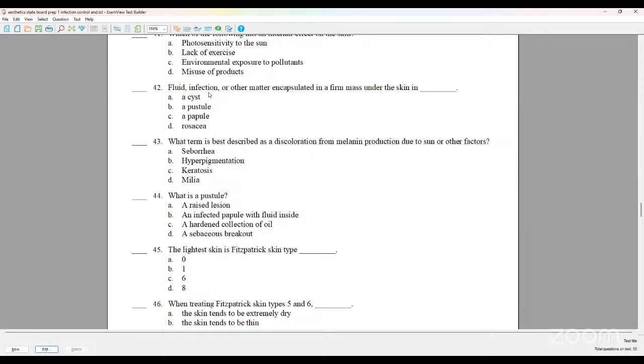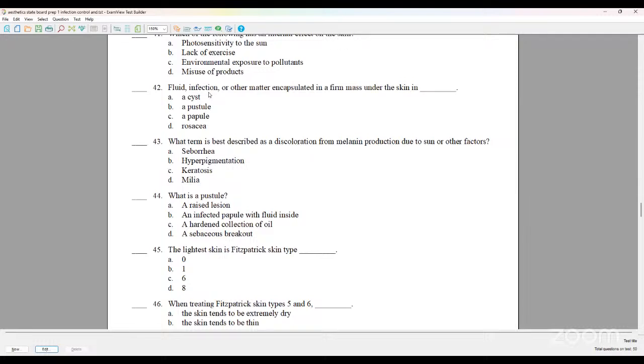All right, 43. We got that. 44. What is a pustule? Look at the root word, pustule. A raised lesion, an infected papule with fluid inside, a hardened collection of oil, a sebaceous breakout.